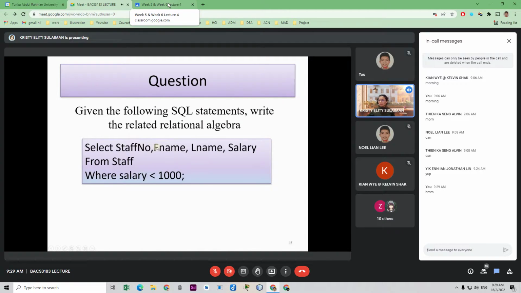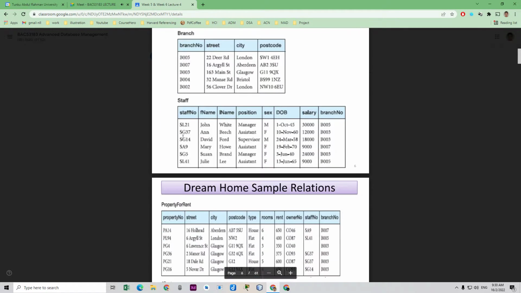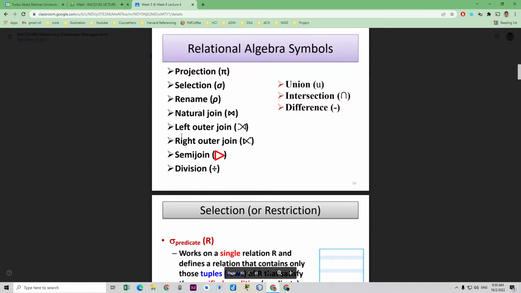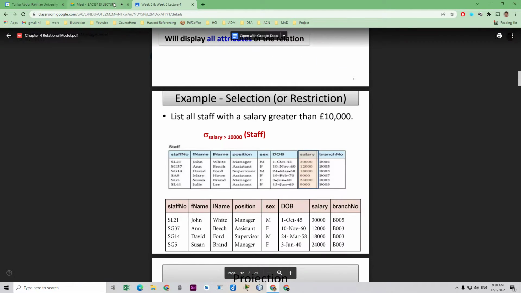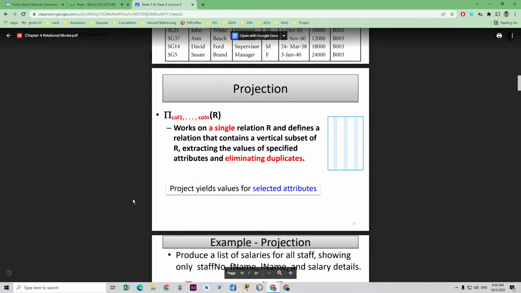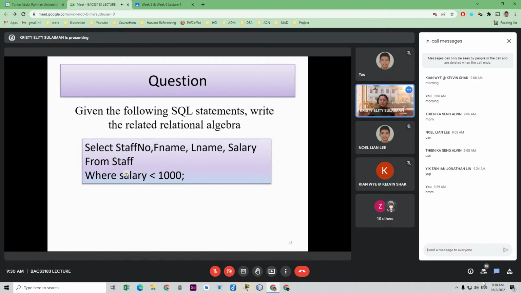Go back to this slide and try to work out the relational algebra operation for this. You select staff number, first name, last name, salary from staff. This one should be the R, and then you have a condition. This one is very simple. You try to write the relational algebra later.